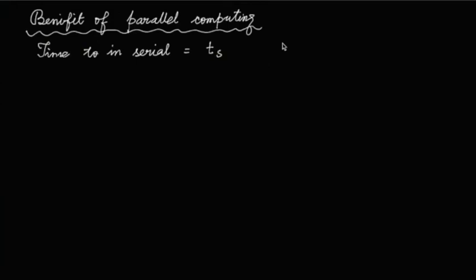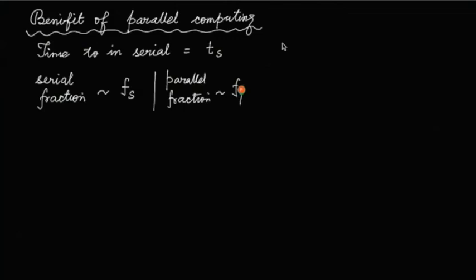Now, as we said, a fraction of the program can be parallelized, and a fraction has to be done in serial mode. So the serial fraction of the program is, say, FS, and the parallel fraction of the program is FP.